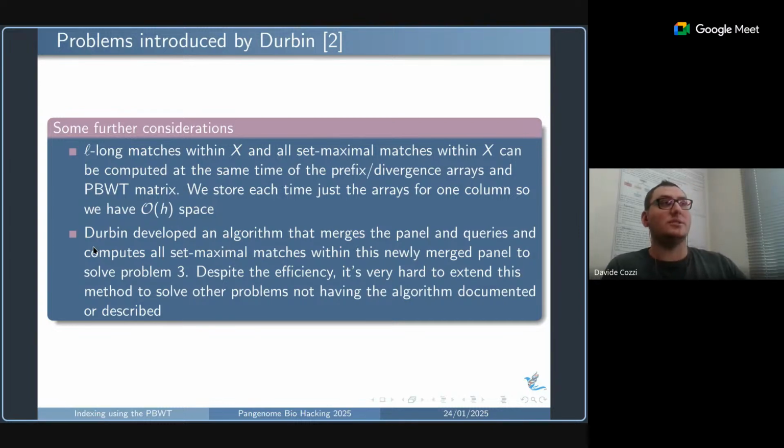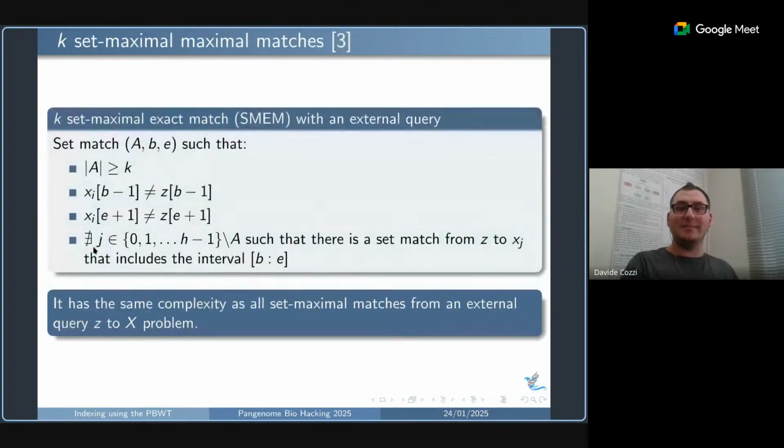This algorithm is not well described because it's not described in the paper. I honestly don't know why. But it's really hard to extend to solve other kinds of problems. So this is the reason for the development of the MoPBWT, and we will see how later.